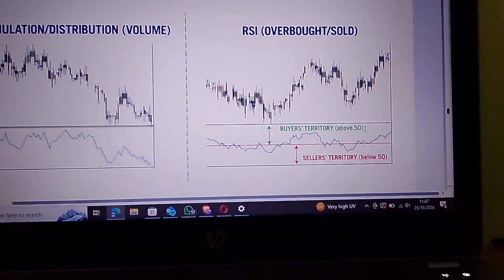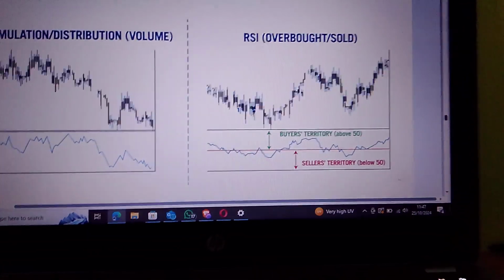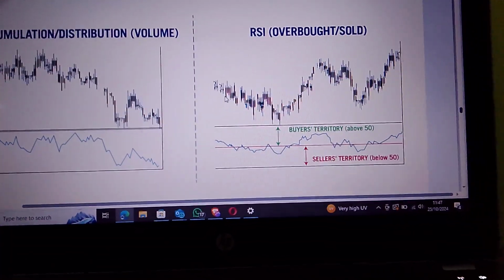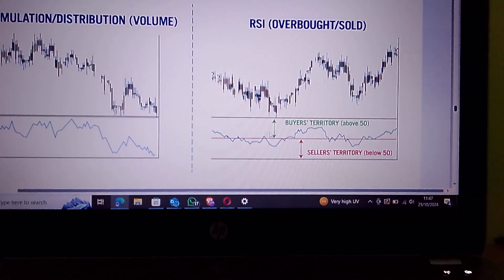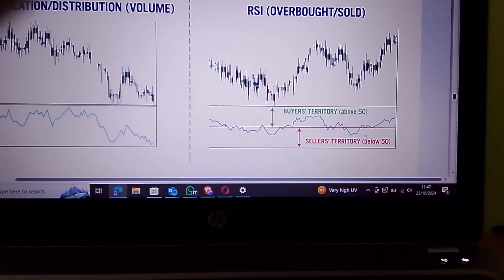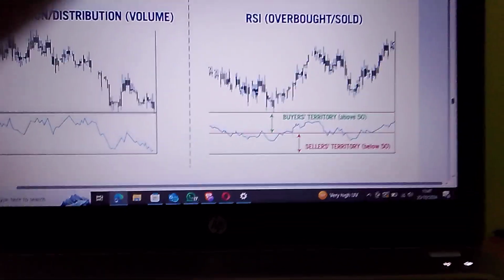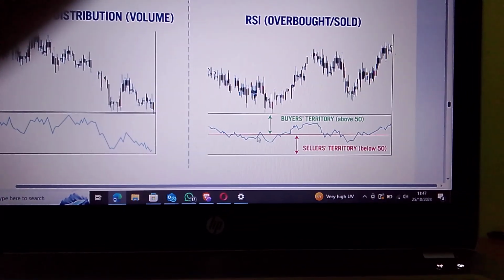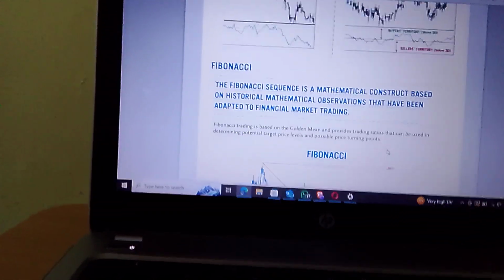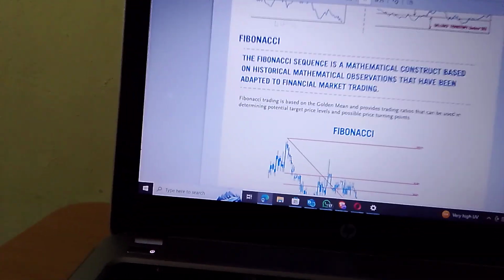So above 50, below 50, you can see most people are buying at around that point. Yeah, and most people sold at these levels. When it passed these marks, then most people sold them. We'll continue looking at that in the next class, in the next video.